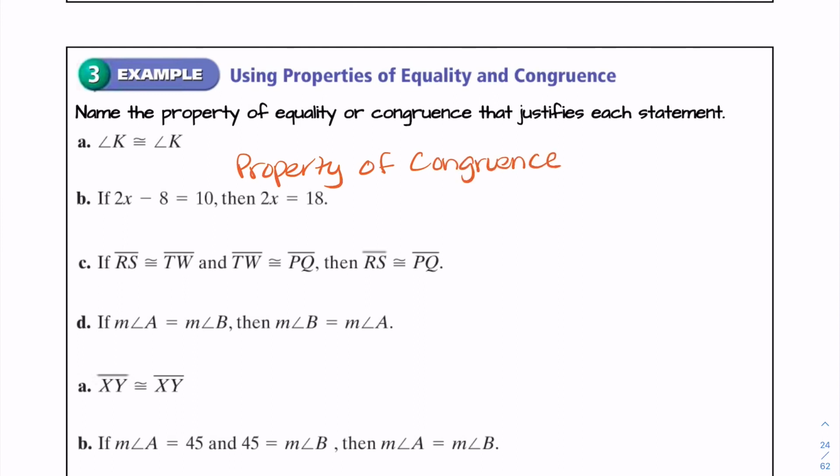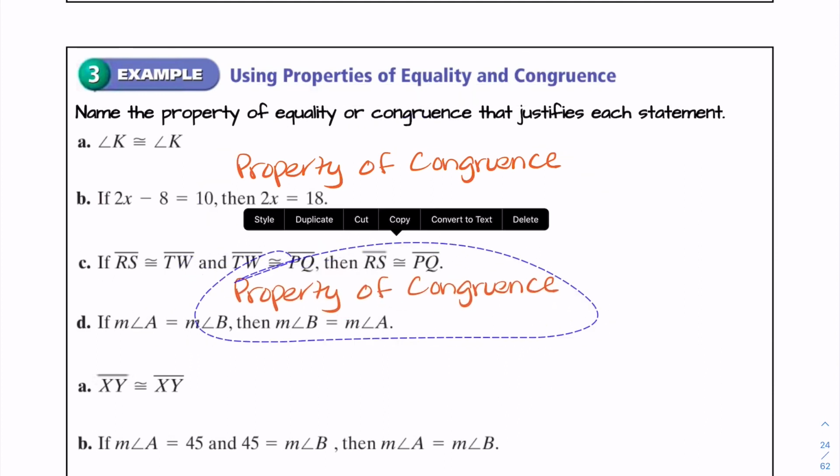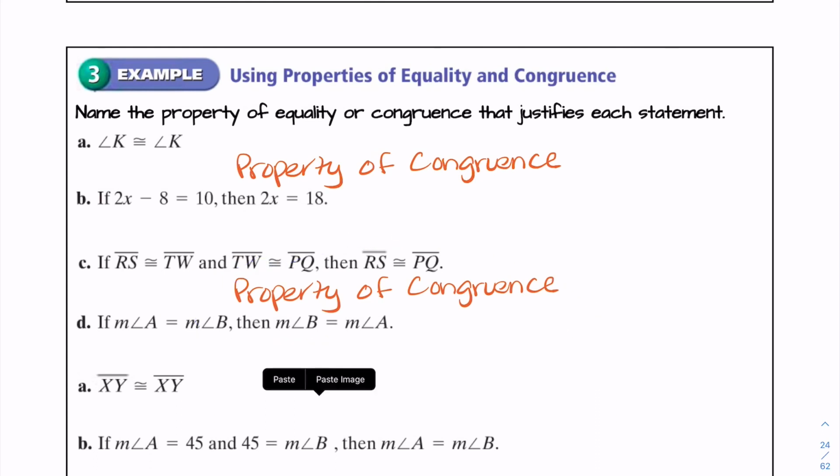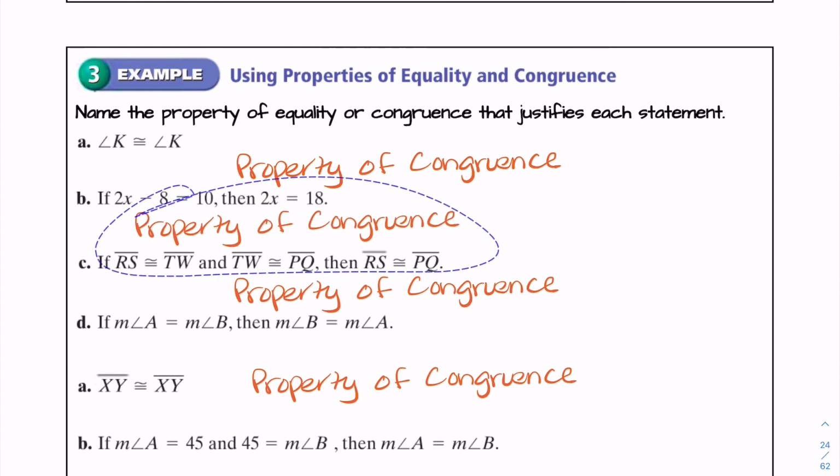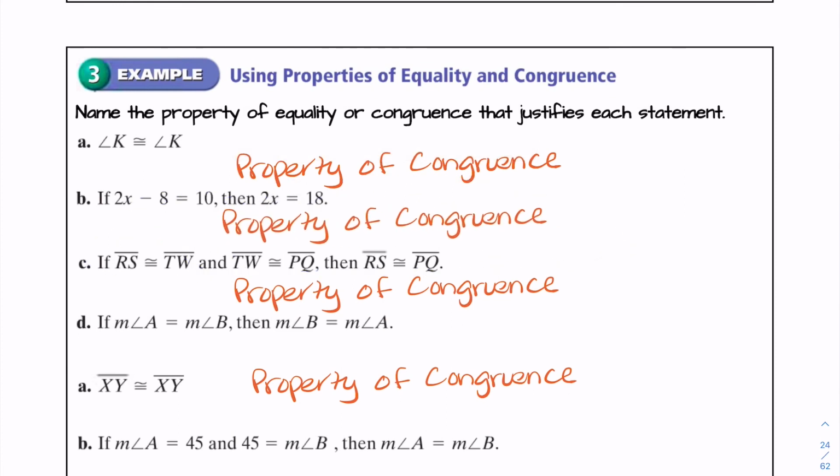You don't have the ability of moving items like I can, so in an effort to save time, I'm going to copy and paste. And if I'm not mistaken, A, C, and this next A are all properties of congruence, and these right here are property of equality.